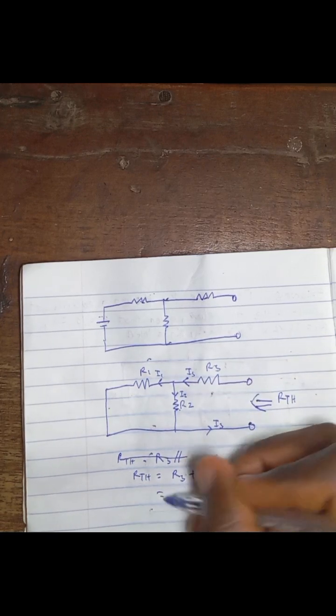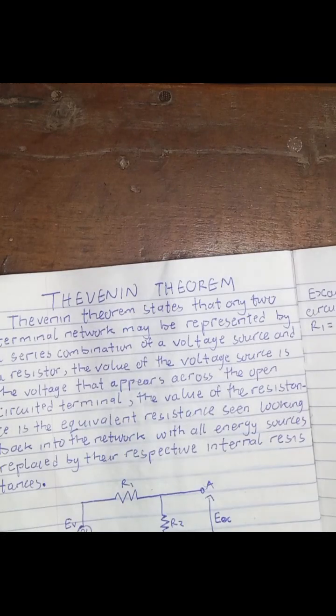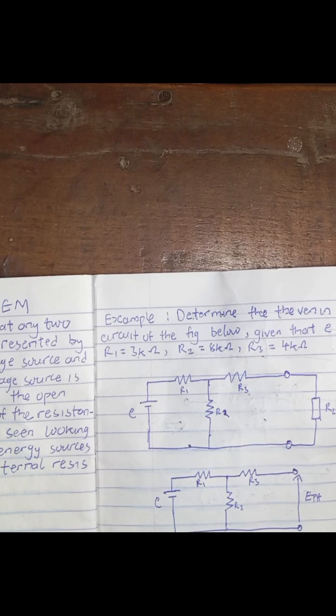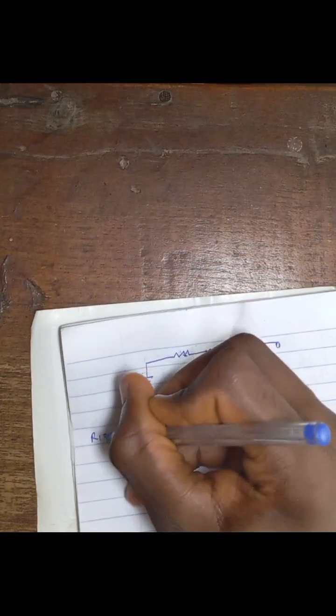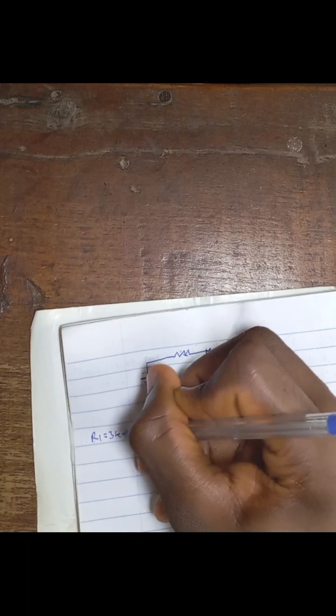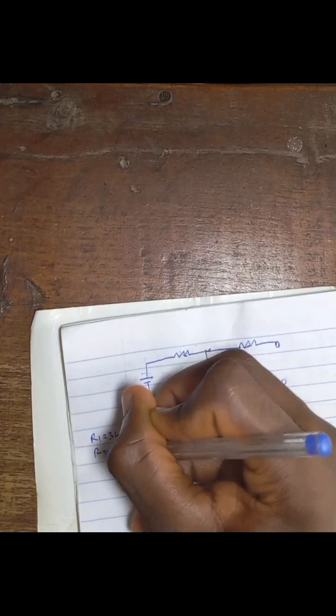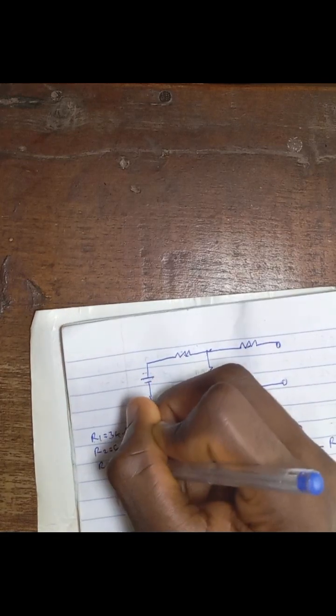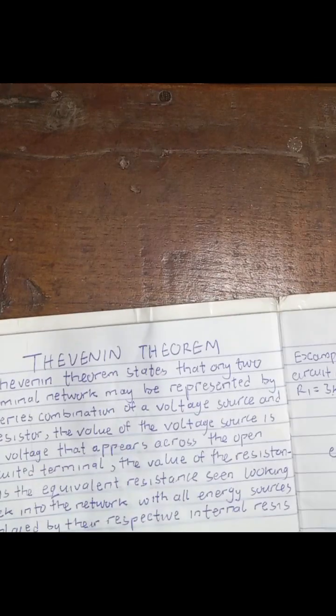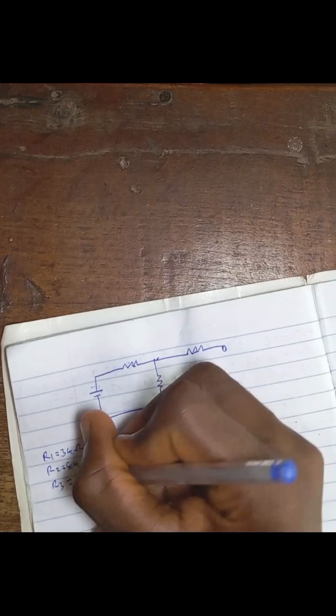So we can say that R3 is 4 kilo ohm, R2 is 8 kilo ohm, R1 is 3 kilo ohm. Let me just write it down so I will not forget. R1 is equal to 3 kilo ohm, R2 is equal to 8 kilo ohm, R3 is equal to 4 kilo ohm.